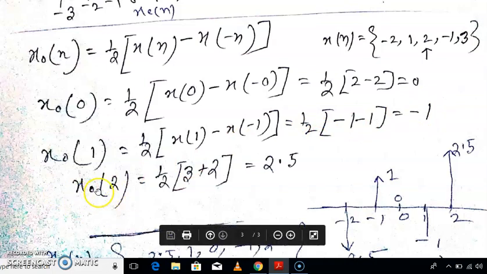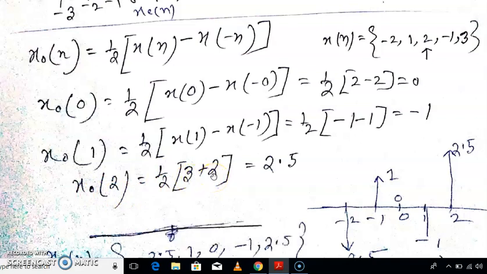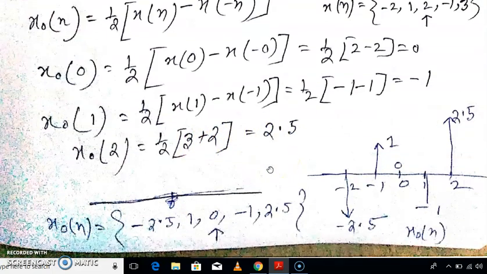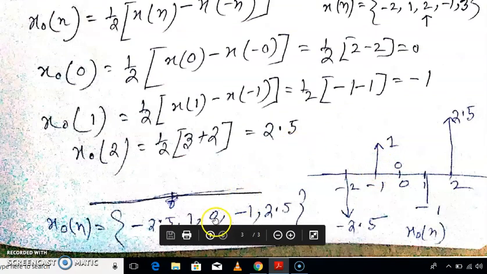Again, for xo[2], that is half of x[2] minus x[minus 2], that will be 2.5. So finally we find that xo[0] is 0, xo[1] is 1, and xo[2] is 2.5.